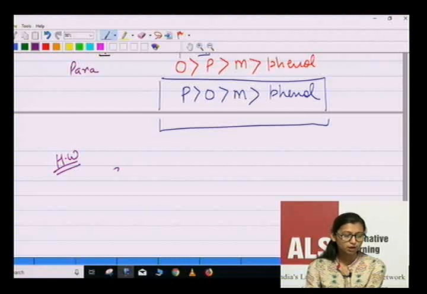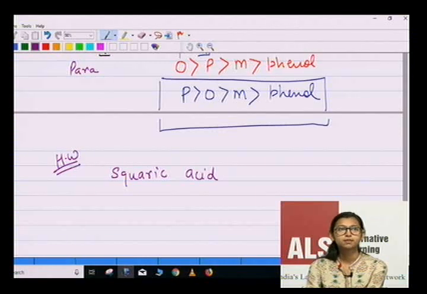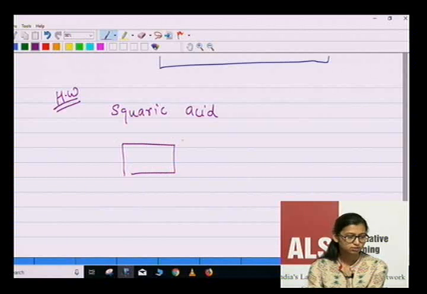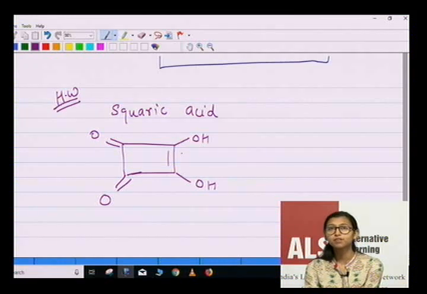There is a compound which is known as squaric acid. How many of you know? Anyone, any idea? No idea. So it means I have to draw the structure as well. This is the kind of structure, and it's also a very good acid.